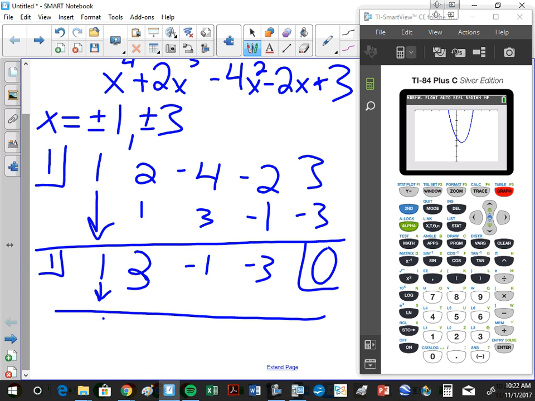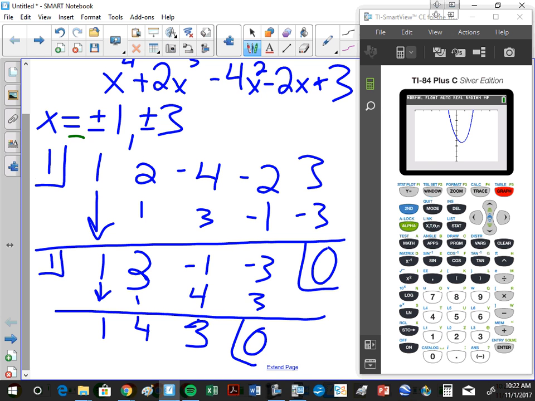Drop the 1. Because I know 1 works. Because it's a duplicate root. You could choose anything you wanted. It doesn't matter what you pick. You'll see in a second. So 4, 3, 3, and 0. Okay.